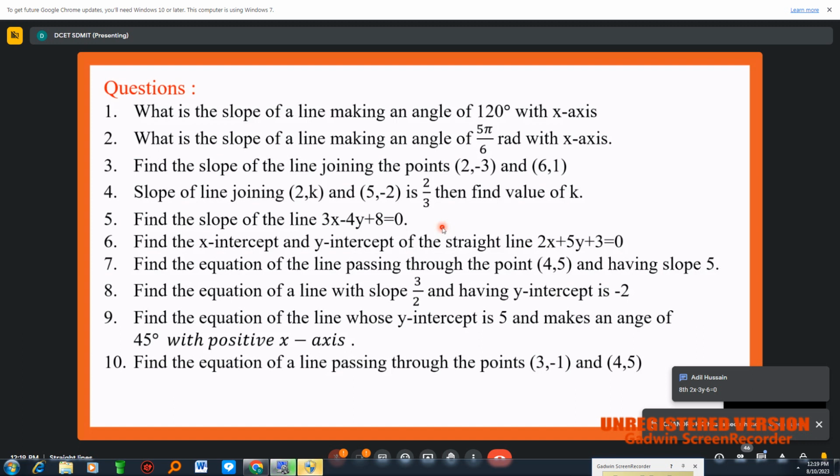Eighth one: 2x minus 3y or 3x minus 2y. Check the answer of the 8th one another time.